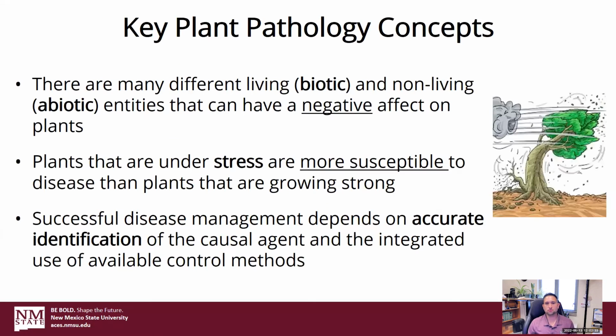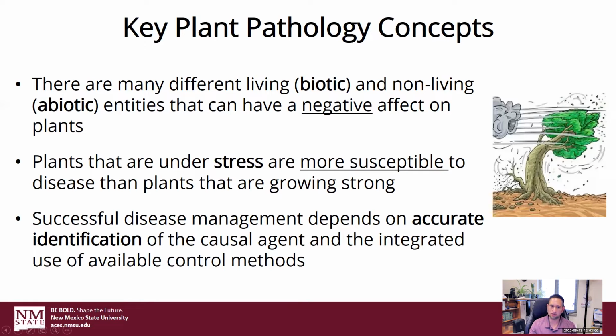All right, so getting started, I want to go over some key plant pathology concepts that everybody should get familiar with. The first one is that there are many different living, which we call biotic, as well as non-living or abiotic entities that can have a negative effect on plants.